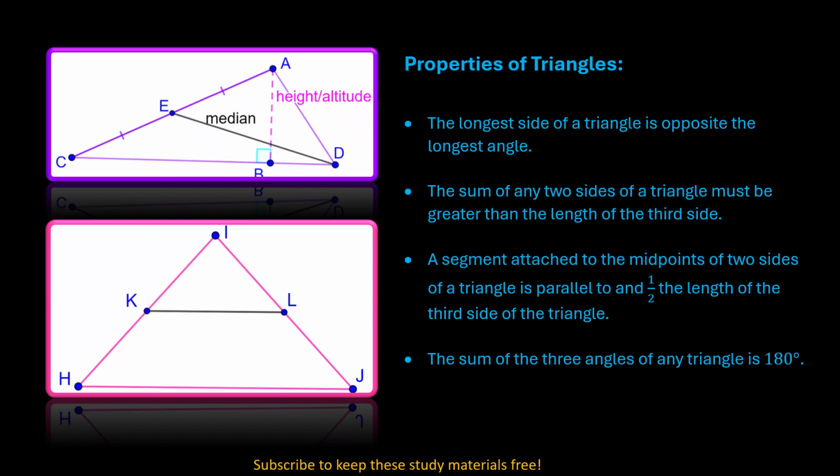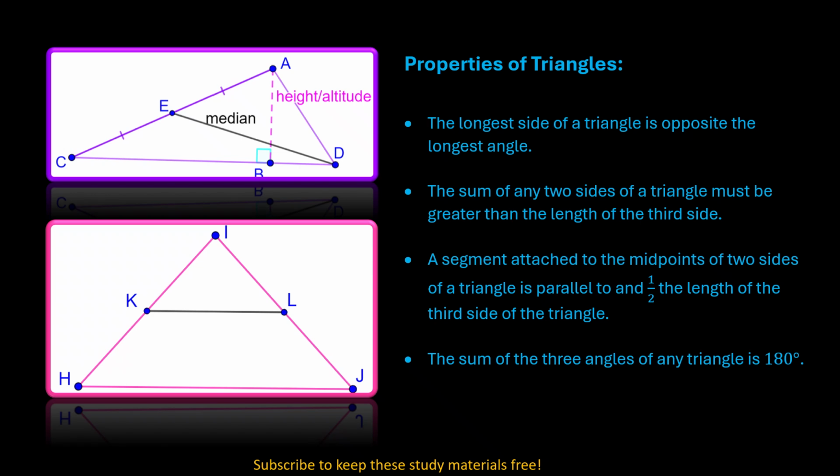K to L, they're saying that that is slicing through. If we look at this third property, this means that KL and HJ would have to be parallel, and that KL is half of the length of HJ.